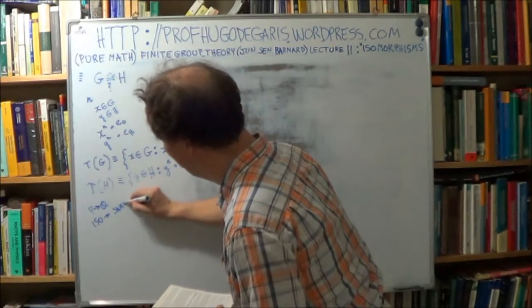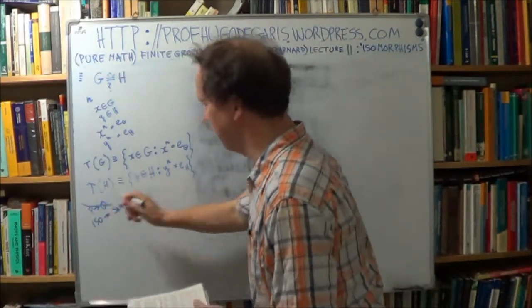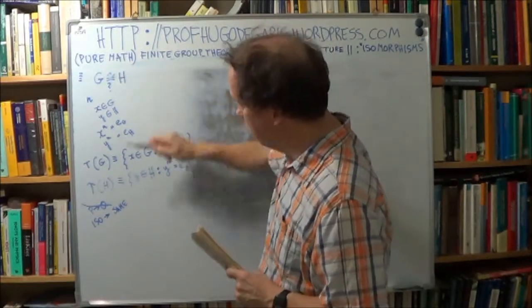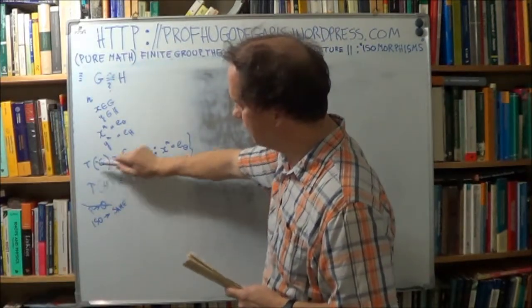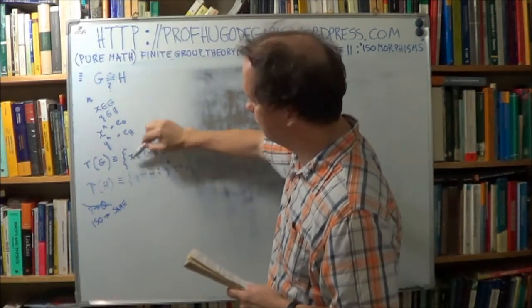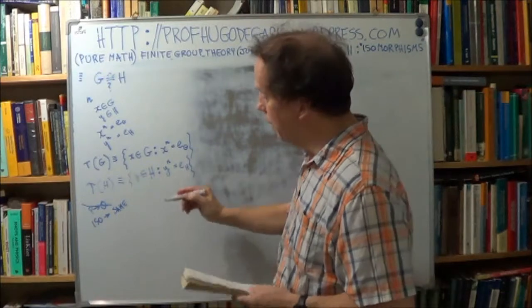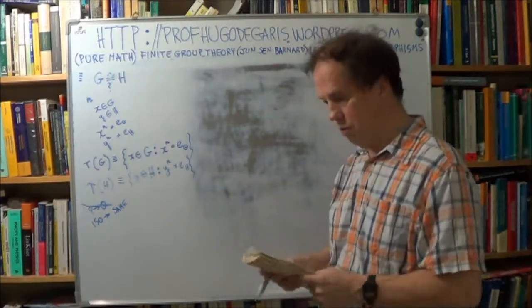Put it that way. Forget about this. So if these two are isomorphic, then the size of these two sets, the number of elements that have this property, is the same. Right? Okay, so you test that.